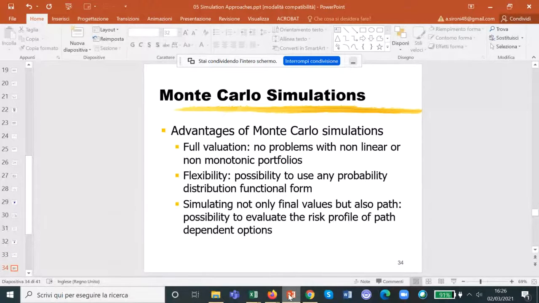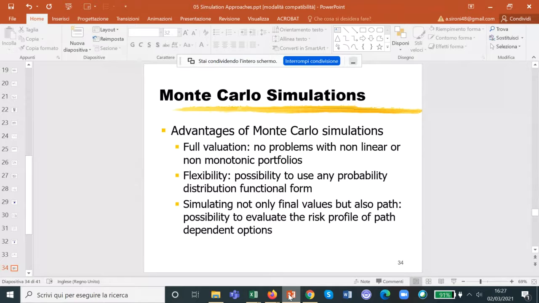Now, to recap, what are the advantages of Monte Carlo simulations? First of all, like in the case of historical simulations, the evaluation is full, therefore we don't apply sensitivity coefficients, and this is very useful and more precise, but of course it's more complex. Flexibility, remember, we need to make an assumption about the functional form of the distribution, but we can use whatever we want, okay?